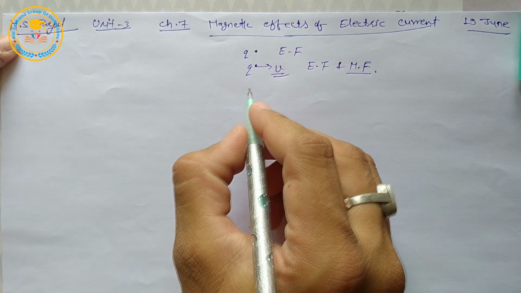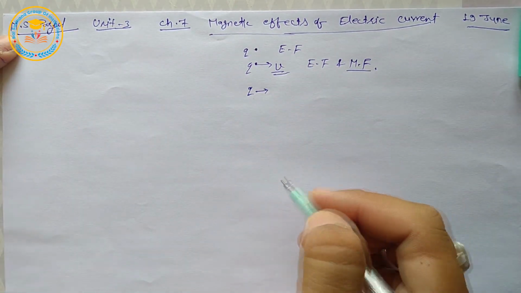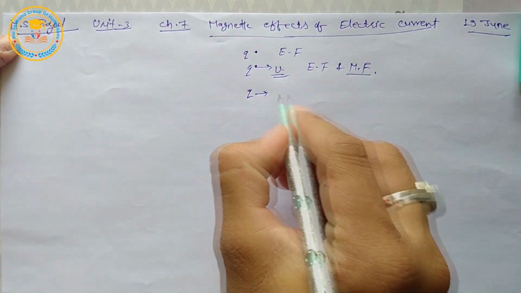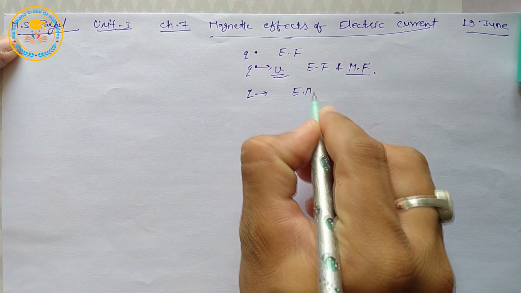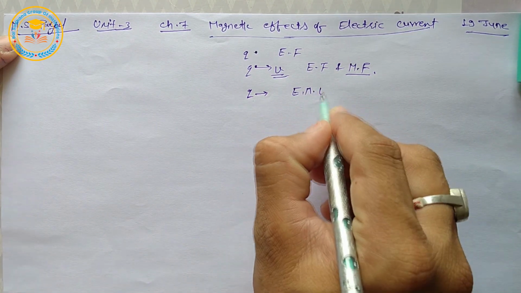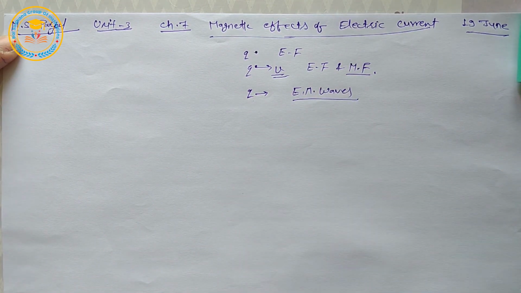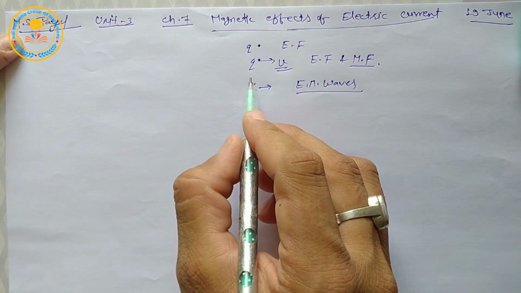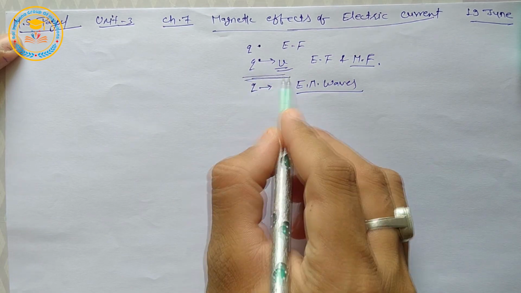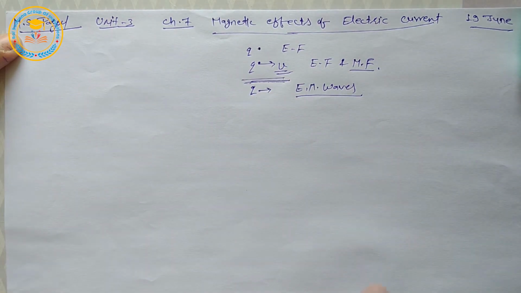And if we have an accelerated charge q, then in this situation electromagnetic waves will be produced.